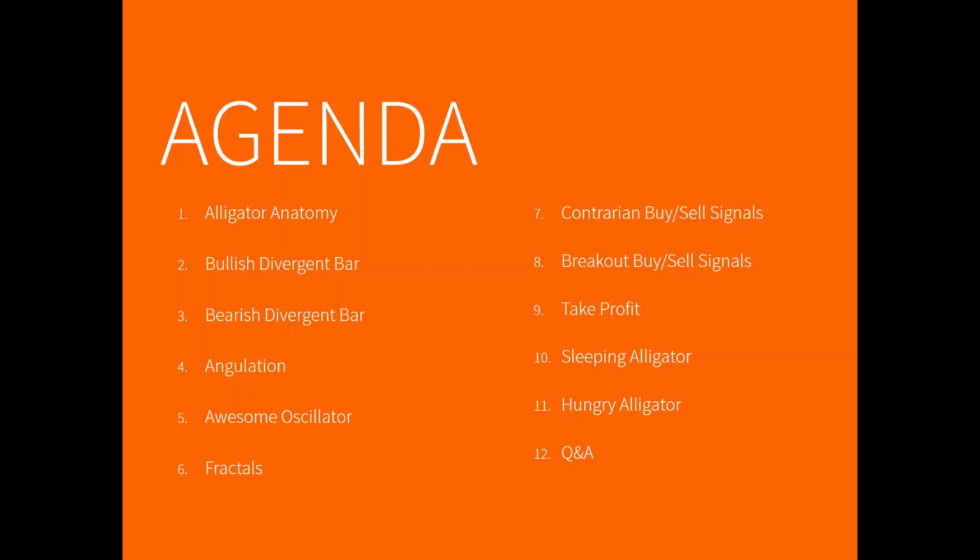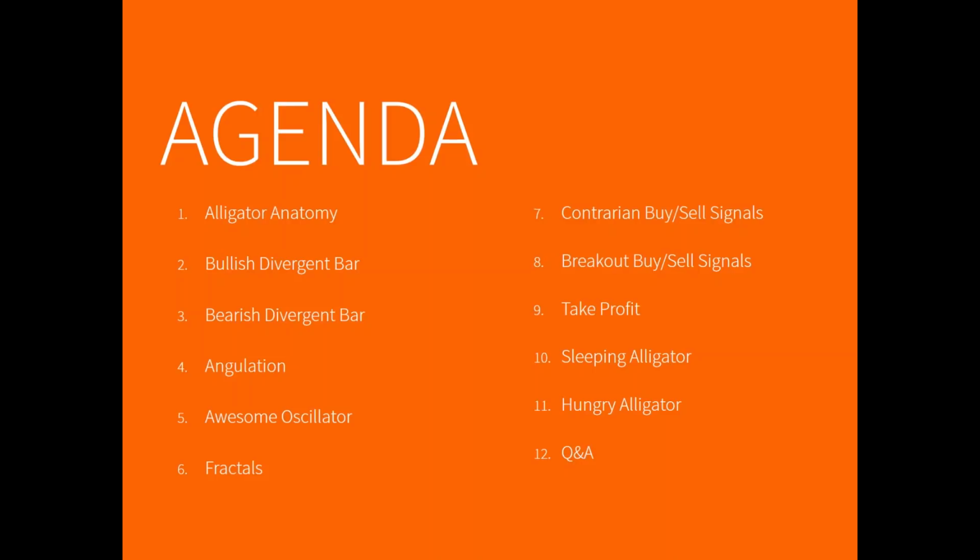Fractals, I will explain in every detail, and I will show you how to identify buy and sell opportunities in a contrarian fashion, if you like, to go against the trend when the trend, of course, is trading at extreme areas.